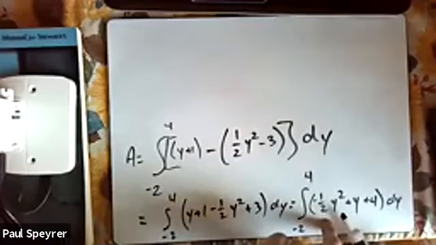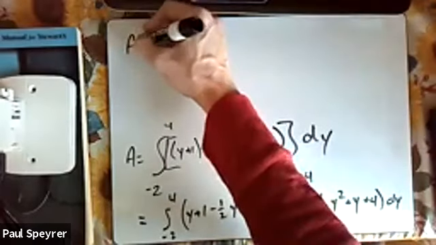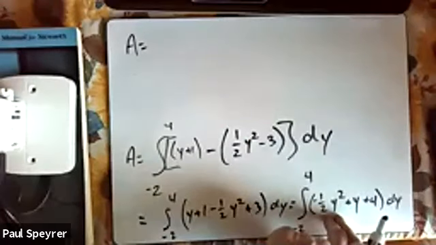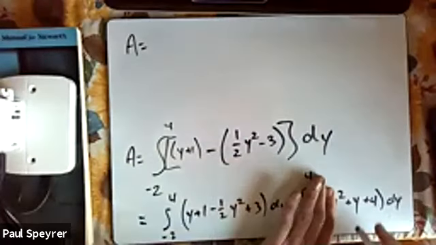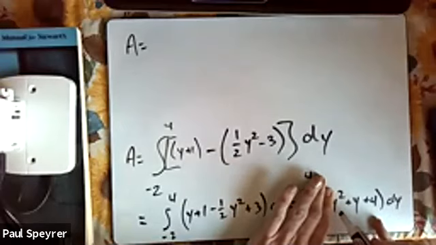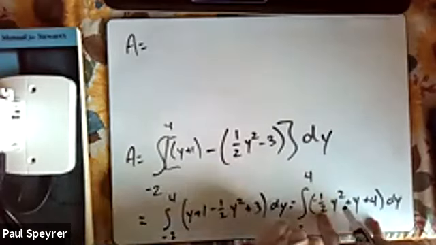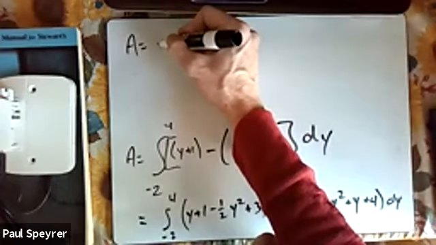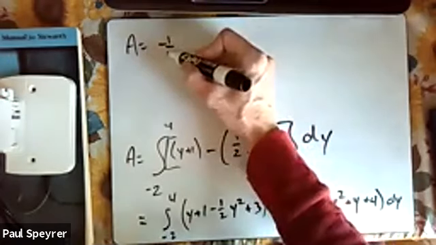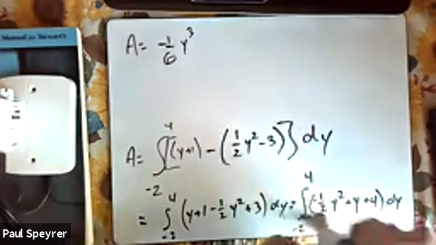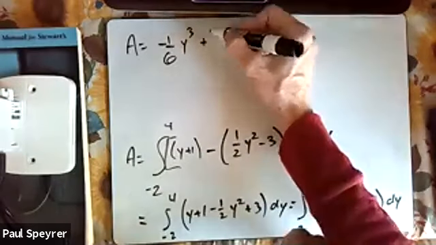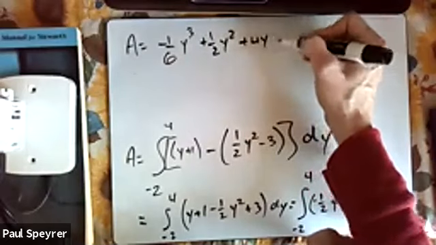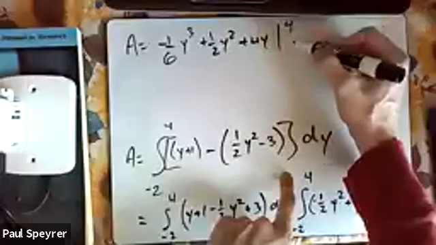Let's take the antiderivative of this right here. So antiderivative of negative half y squared. Well, remember, if it was just y squared, it'd be 1/3 y cubed. Because you have a negative 1/2 in the front, you can multiply the 1/3 times the negative 1/2, so you get a sixth. So you're gonna have negative 1/6 y cubed, and then plus 1/2 y squared plus 4y, evaluated from 4 to -2.